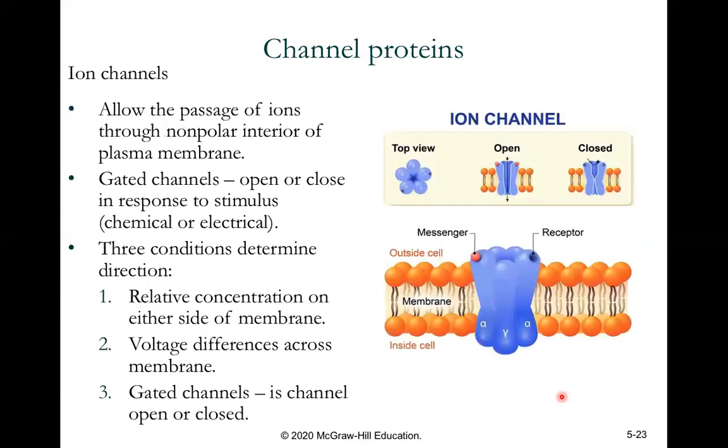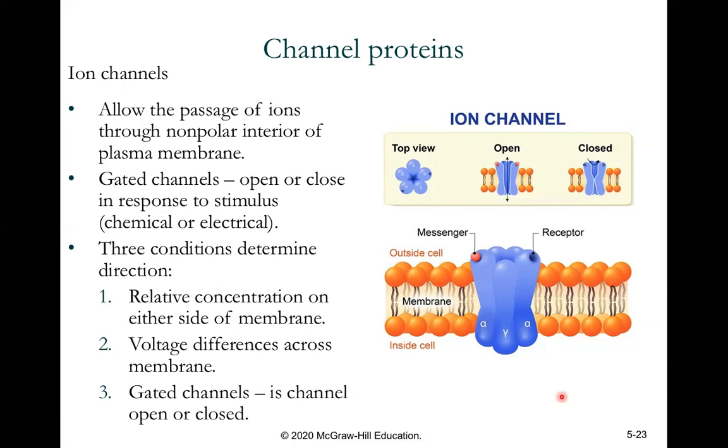We also have channel proteins that are ion channels. They allow for the passage of ions through the nonpolar interior of the plasma membrane, and the gated channels open or close in response to a stimulus. Now, these are chemical or electrical, right, based off of what needs to go on within the cell. There are three conditions that determine the direction in which this happens.